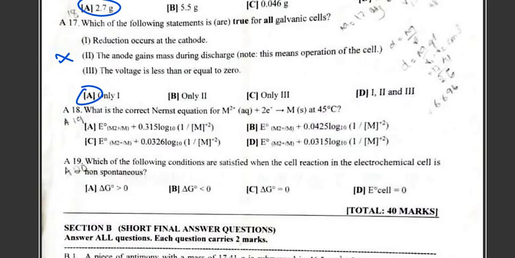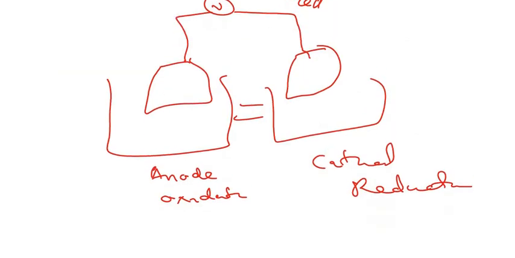Then number 18, they are saying, what is the correct Nernst equation for this? The Nernst equation just means we need to deal with the whole expression at non-standard conditions. So I'll write the Nernst equation here. This will be applicable in your test 2 for you guys this year 2025. So we're having M2+ plus 2 electrons giving us M, this side is solid.